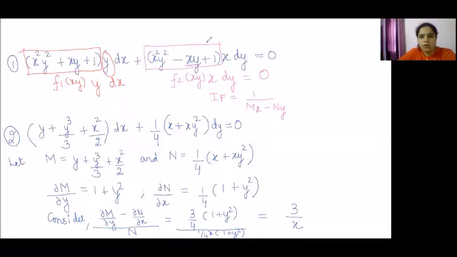Now, this 3 by x is a function of only one variable, and that variable is x. This is our function f(x).